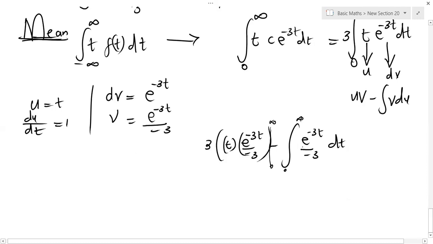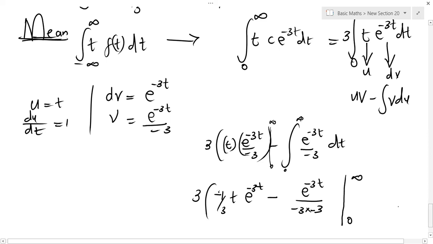Now, evaluating this. Here we have 3 into minus a third t exponential minus 3t, then minus the integral of this, which is exponential minus 3t over minus 3, and then there's another minus 3 for the integration. Our range is from 0 to infinity.